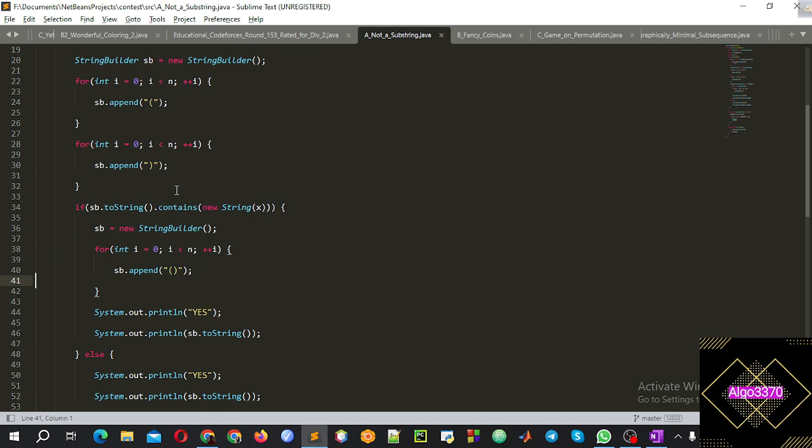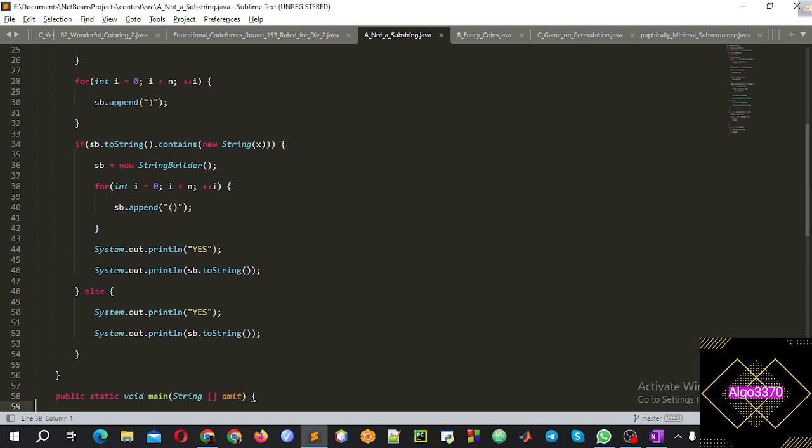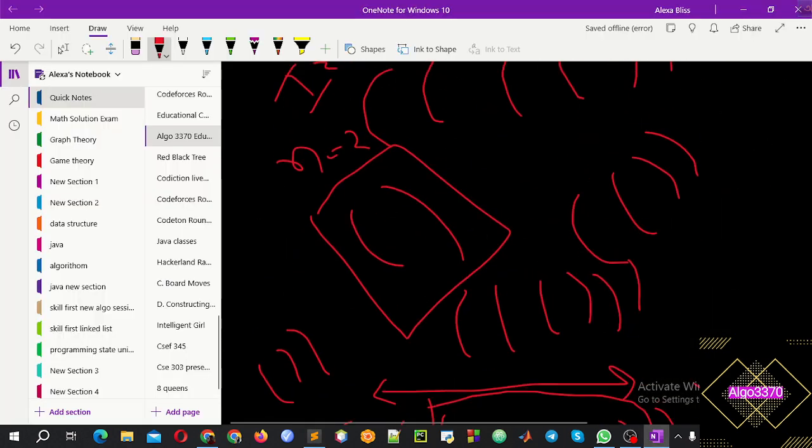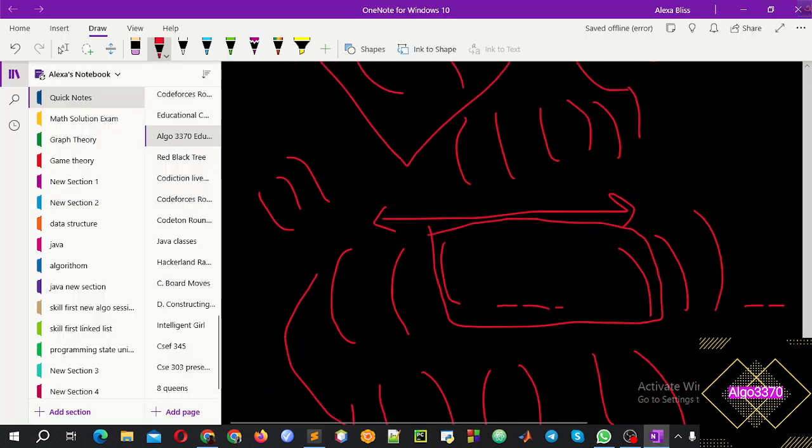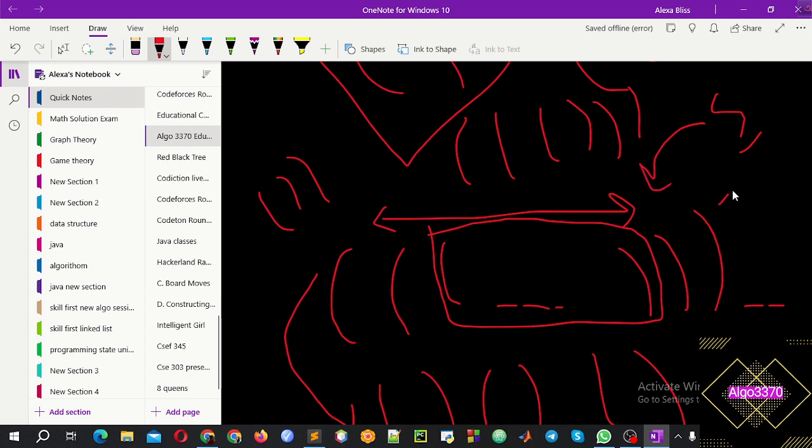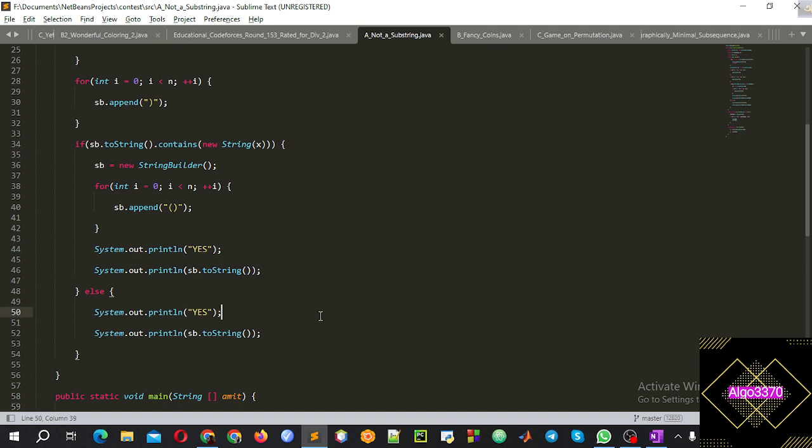If this main string s is not present as a continuous sequence of the first string we built, or the pattern we build, then we will directly print it, because string s cannot create any replicate point among this built string t. So print s and our original string.